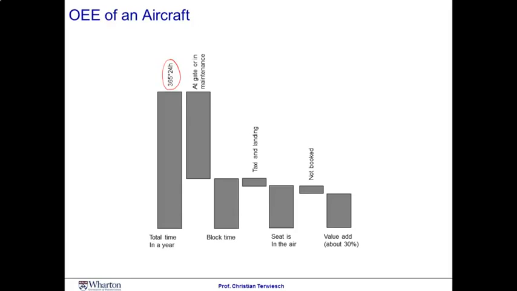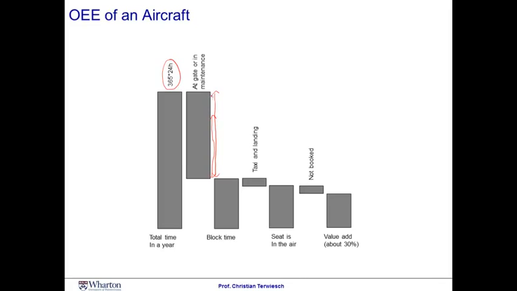Most of the time is lost because the plane is either at the gate or it is in maintenance. This is not too surprising. Most of this effect is driven by the fact that nobody wants to fly from Philadelphia to Chicago at 2 in the morning, and it's just not profitable for the airlines to fly at crazy hours.